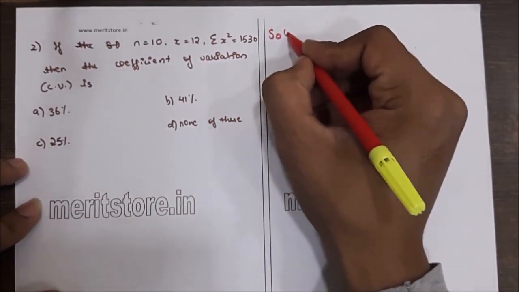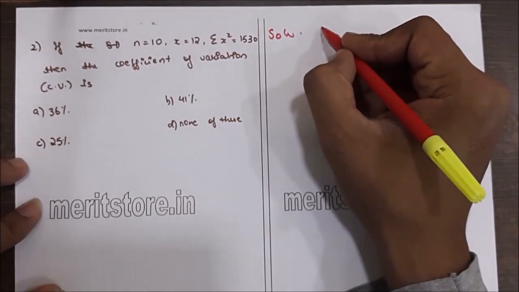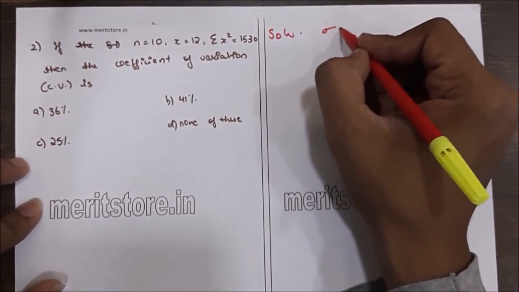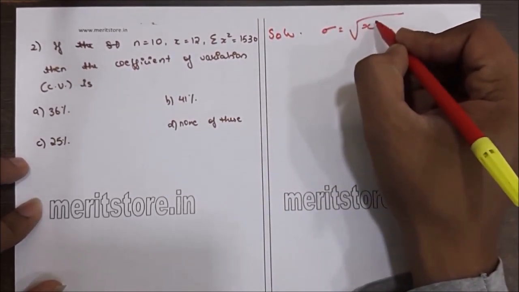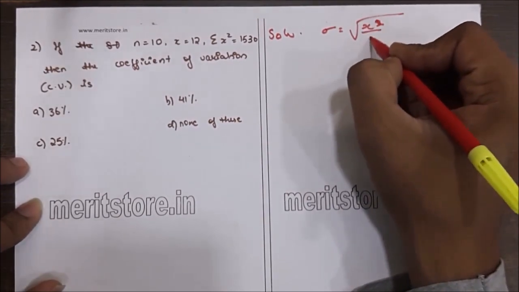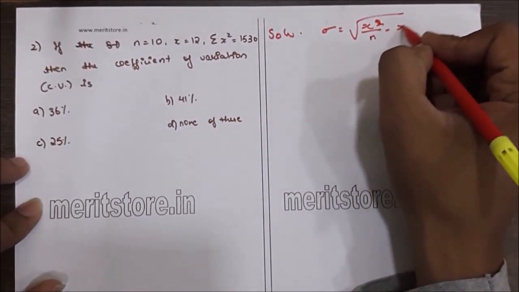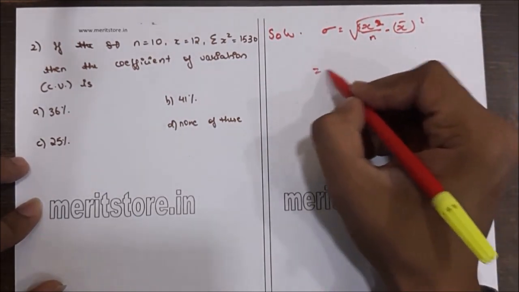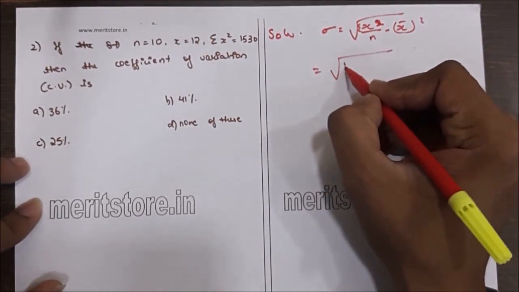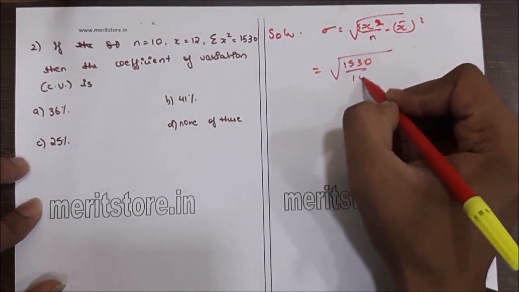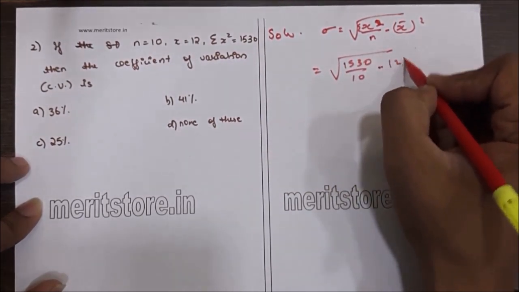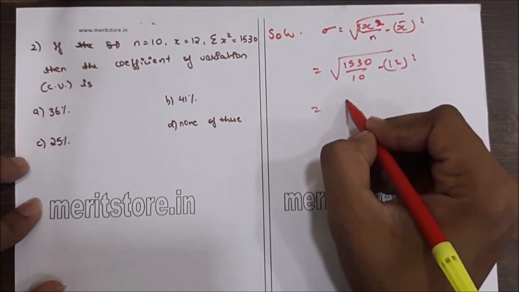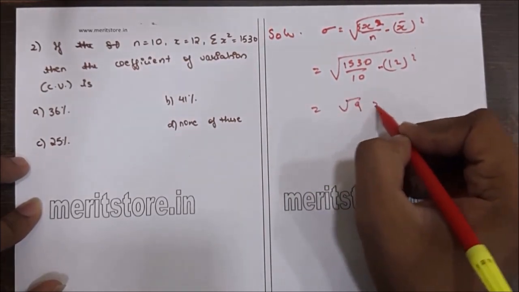Therefore, the solution is: the formula for that is sigma is equal to root of summation x square upon n minus x bar the whole square, that is equal to root of 1530 upon 10 minus 12 square, is equal to root 9, equal to 3.